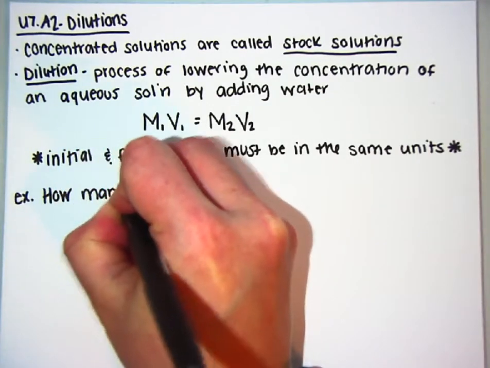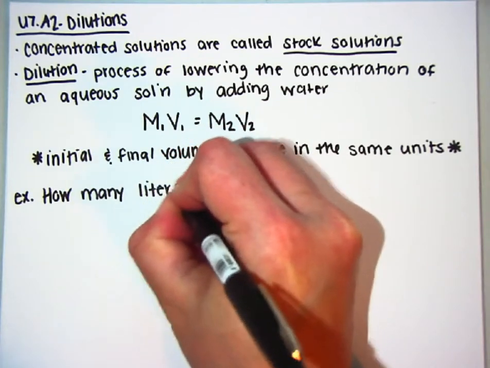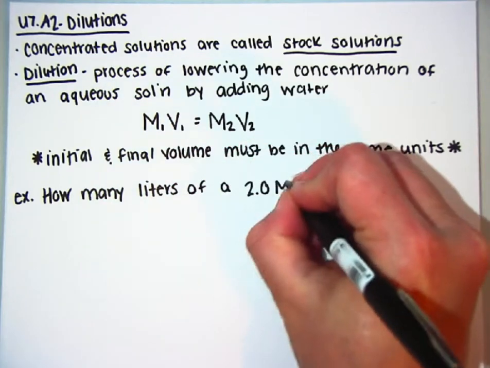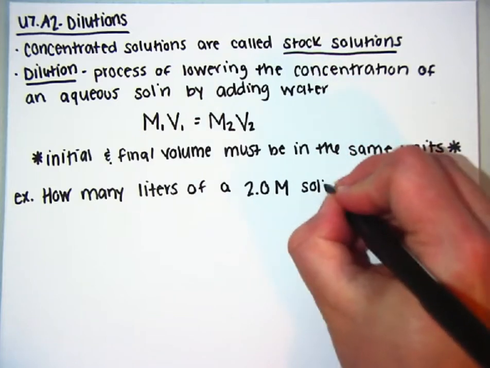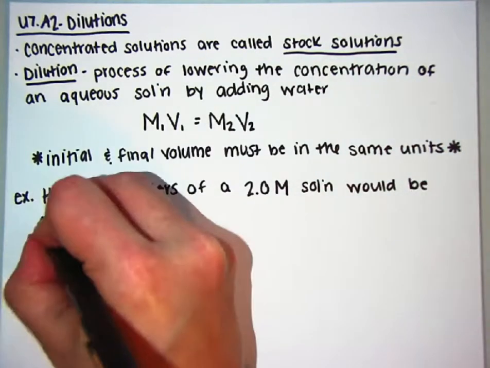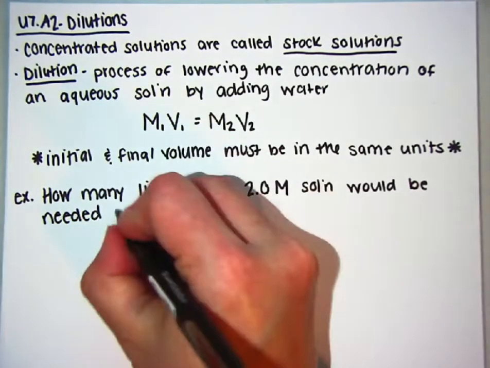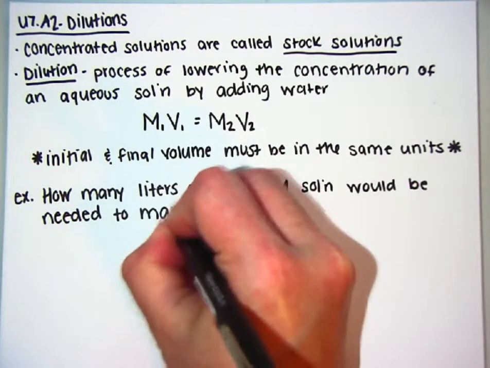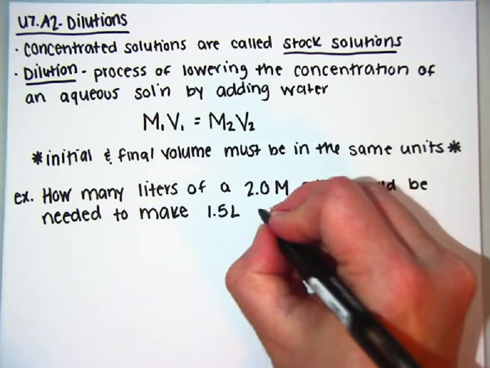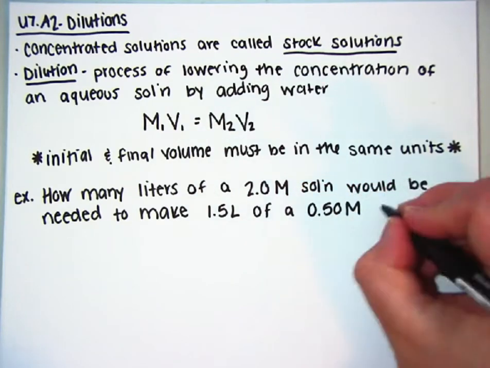Let's say you were asked how many liters of a 2.0 molar solution would be needed to make 1.5 liters of a 0.50 molar solution.